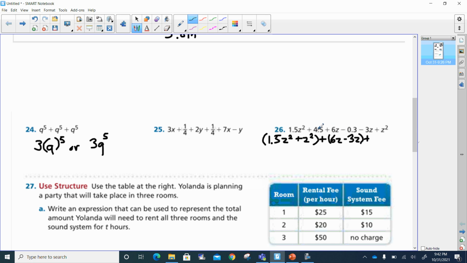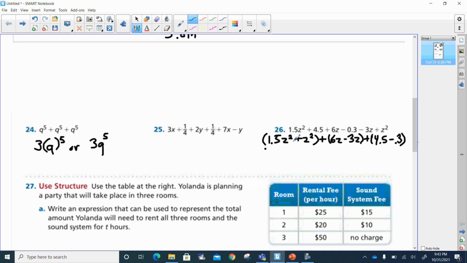I see we have 4.5 minus 0.3. And I believe that's all the terms. Should be 6 of them. 1, 2, 3, 4, 5, 6. Yes.